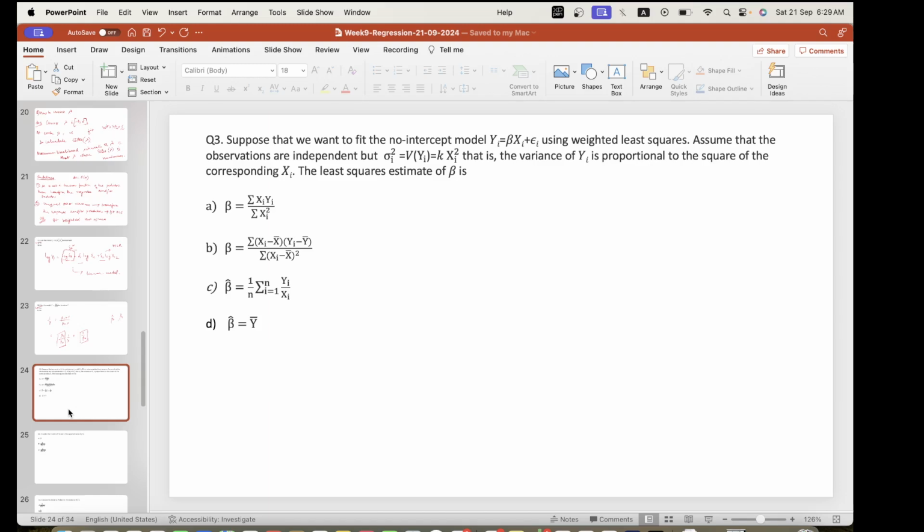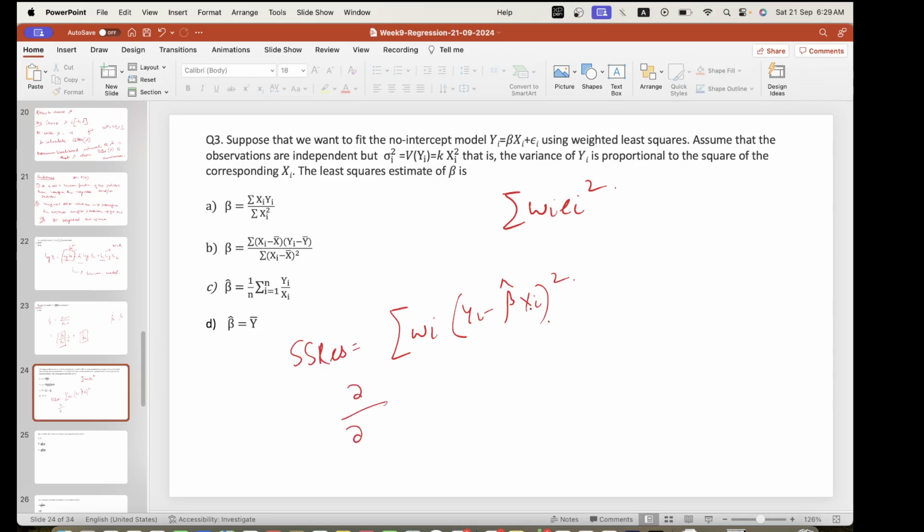Now, how do we get the weighted least square estimate? We just minimize the sum of w_i e_i square. Here e_i is y_i minus beta hat x_i, whole square. So this is actually the sum of squares due to residuals.